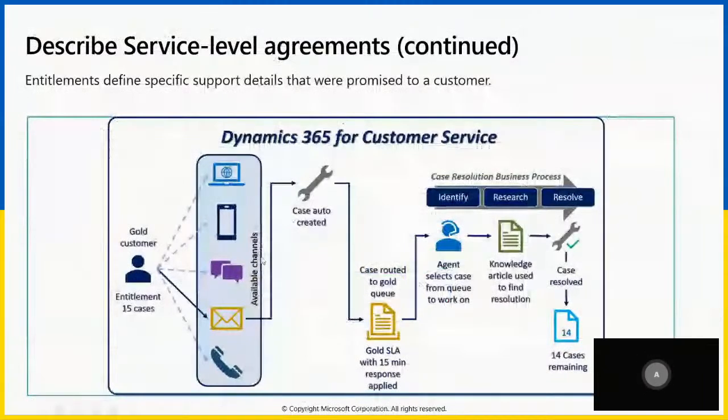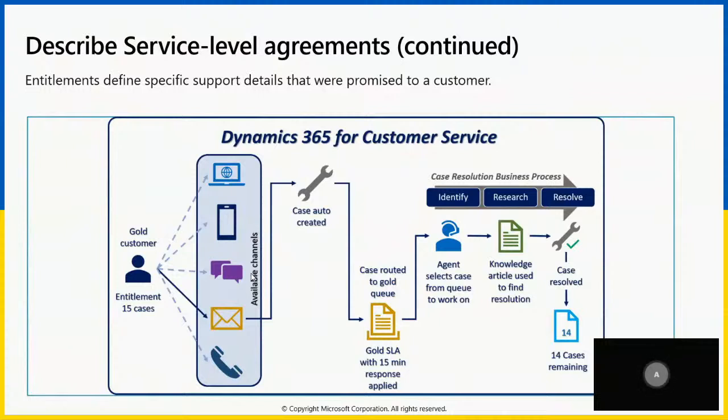Okay, so let's move on to the next slide, which is what I have explained as well. The next one is the entitlement, which defines the promise to the customer. In a month, you say, we're only going to be able to assist you with 30 cases. So as the customer raises tickets, the entitlement will start decreasing.